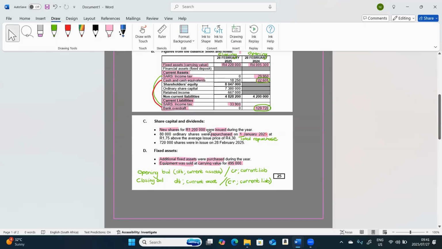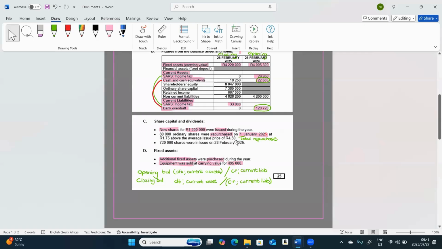And how do we get the total repurchase price? You take your average issue price of R4.30 and you add the premium that they paid on these shares. So you have to add the R4.30 plus the R1.75 to get your total repurchase price.